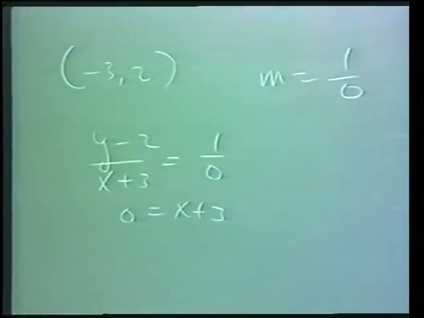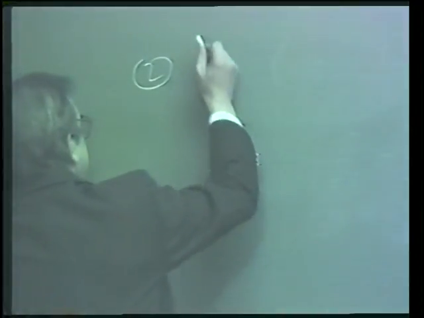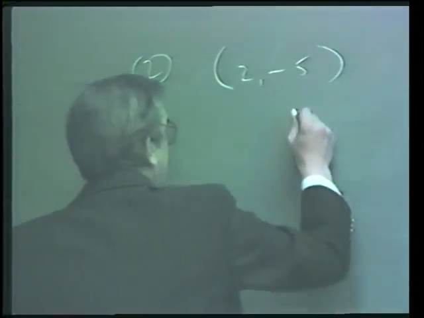Now, I'd like to go over, well, not really over these problems. Let's see. Problem number 2. What they did is they gave you a point. The point was (2, -5).